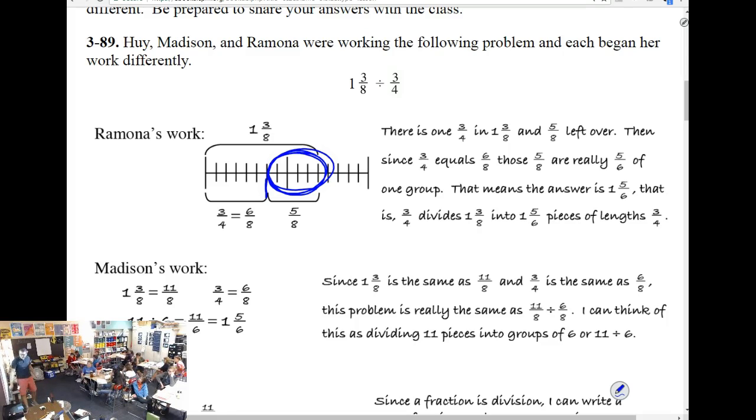But we can't now. So instead, we say, okay, well, this is 1, 2, 3, 4, 5/8 left over. And 5/8 compared to a group of 3/4 is actually, how'd she get 3/8?